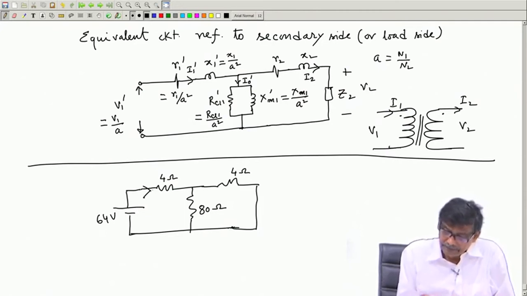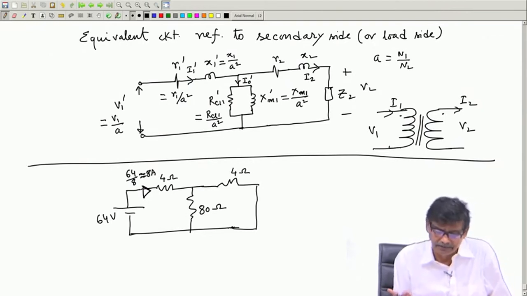But suppose you are a very practical engineer, you will be happy to know the current drawn from the battery, and I will sacrifice some accuracy. I will say that this current will be 64 by 8 ampere.